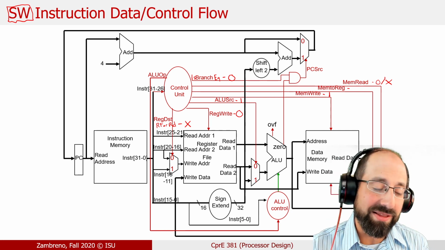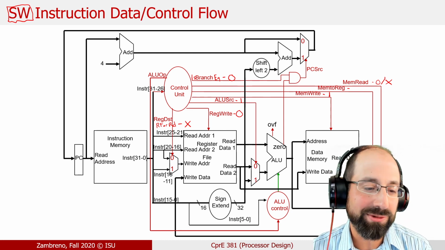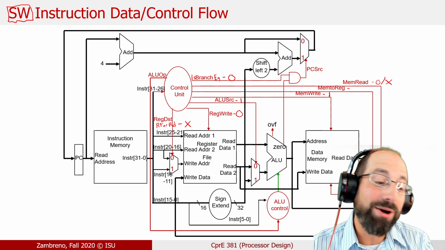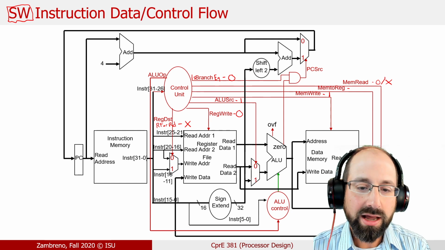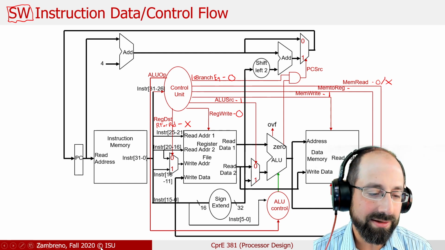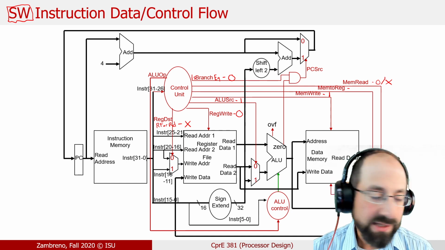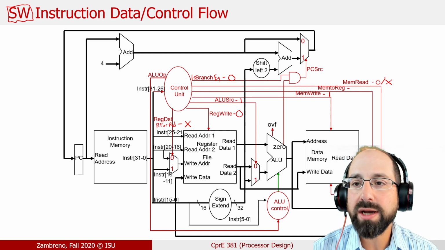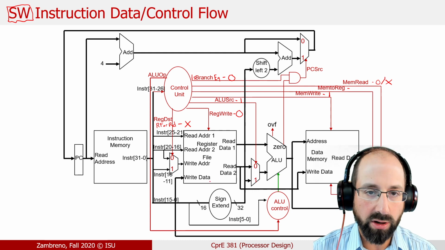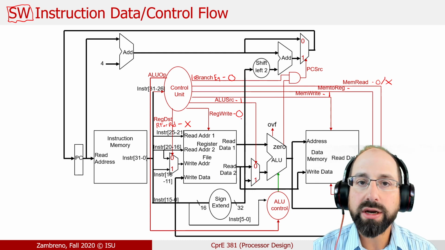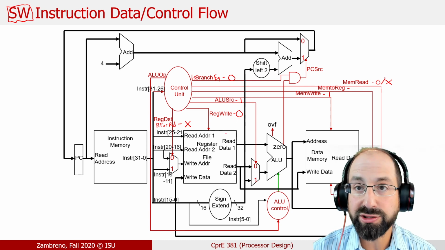The nice thing about these don't care answers is that in terms of your implementation, you can't get it wrong, because we don't care for that one as well. Whatever you put, your design's never going to be wrong. This mux is again controlling what gets connected to the write data port of our register file. For the same reason as before, we know that for this instruction we're not writing to the register file at all.